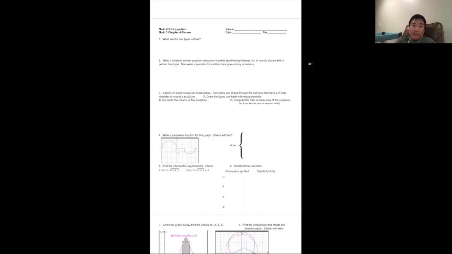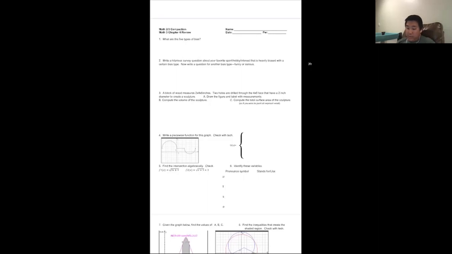For the different cross sections of a cube, you can make a square, rectangle, triangle, hexagon, pentagon, equilateral triangle, scalene triangle.